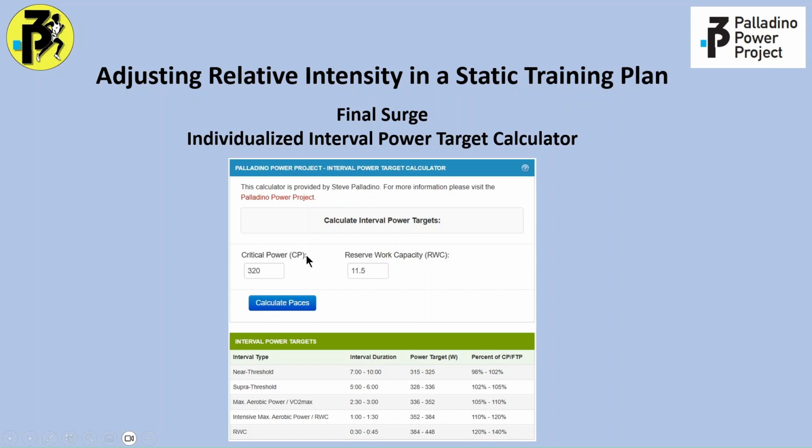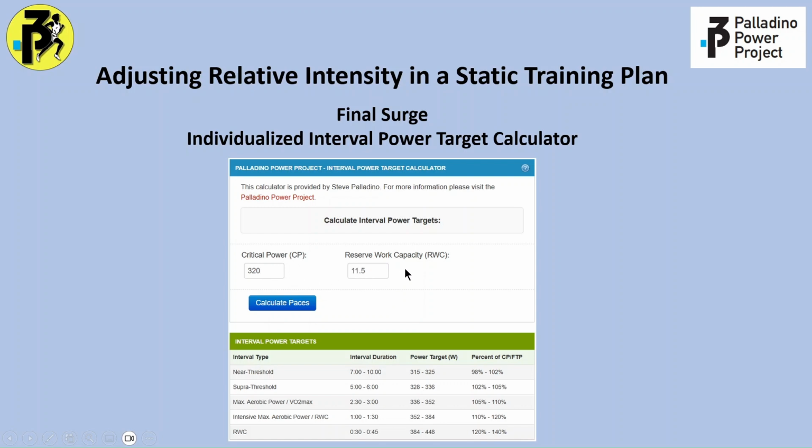Now, if you're using something like Stryd Auto CP, they do not provide reserve work capacity, which, by the way, is also W prime in other contexts. So to get this, you actually have to input your data into a linear 1/time critical power model and get both critical power and reserve work capacity.